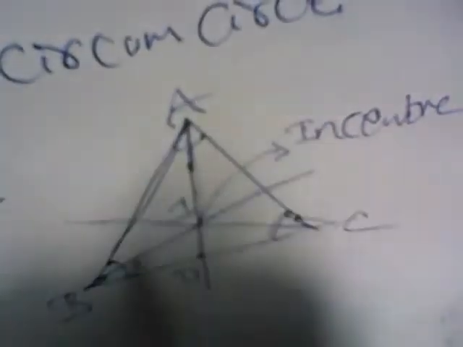Okay. In a triangle, the angular bisectors are concurrent. What is meant by angular bisector? The line which bisects the angle.